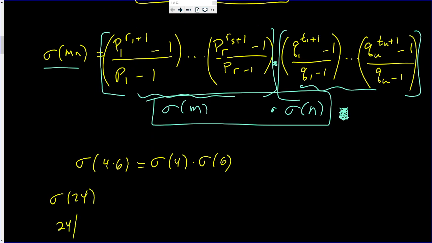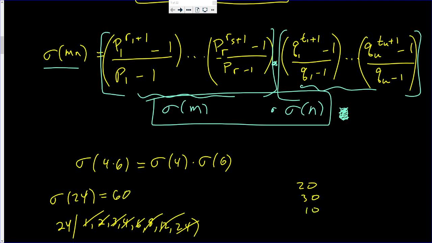Well, the divisors of 24 are 1, 2, 3, 4, 6, 8, 12, and 24. So sigma of 24, well, these two add up to 20. 24 and 6 is 30. I love tens. 4, 7, 9, and 10. Okay, unless I made a silly mistake, it adds up to 60.